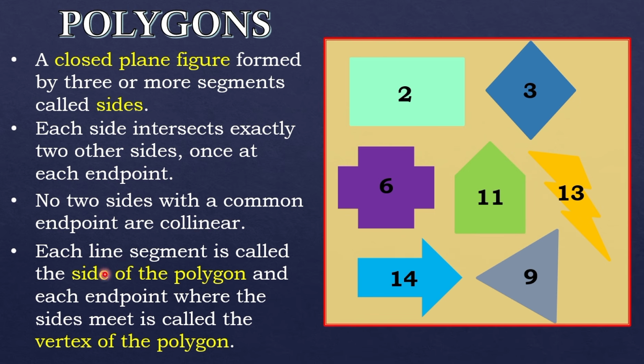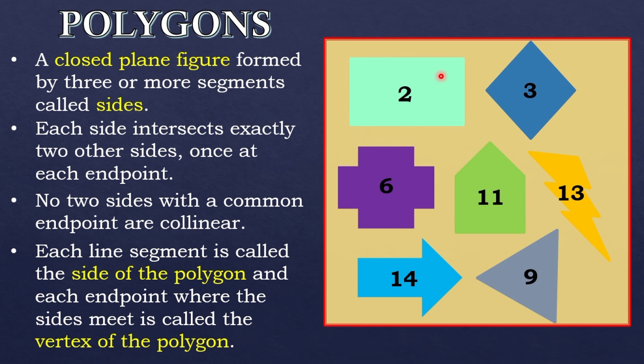Each line segment is called the side of the polygon. So, halimbawa, this is your polygon. Ito po yung tinatawag nating sides. Ito po yung tinatawag nating sides. At dito naman, ito naman dito. So, ayan po yung mga sides niyan. And each endpoint where the sides meet is called the vertex of the polygon.